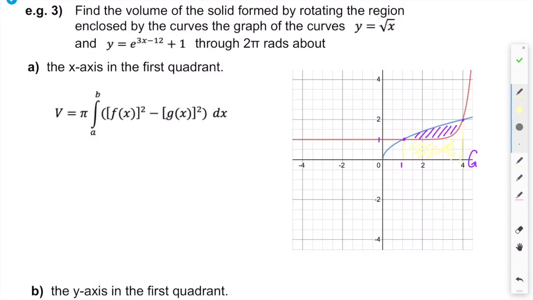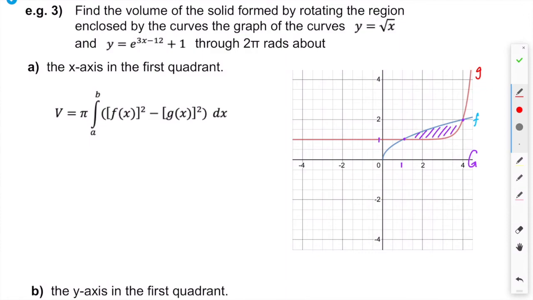So in a sense, I can imagine this whole volume of solid of revolution will be constructed by first taking the whole solid formed by the blue curve, which is square root of x, and let's call this f, and then take away the hollow volume that we have shaded in between g of x and the x-axis, in that region that we're talking about.